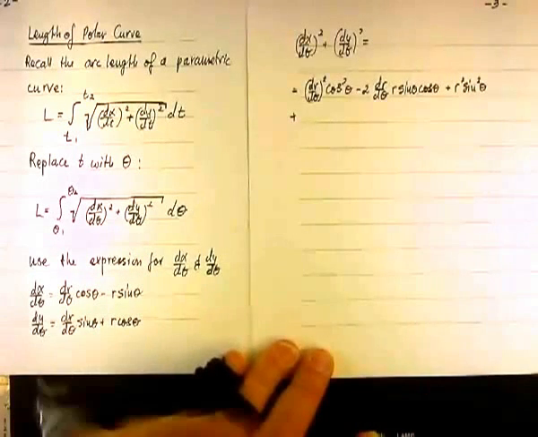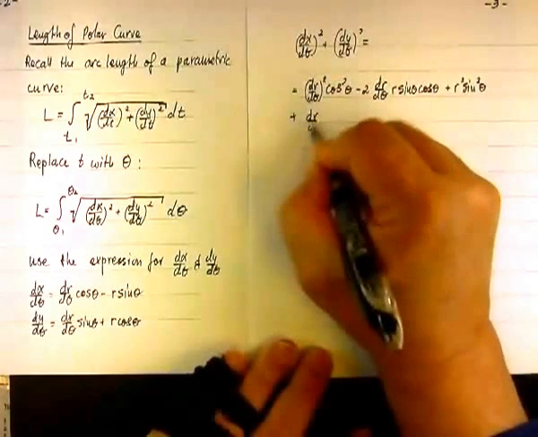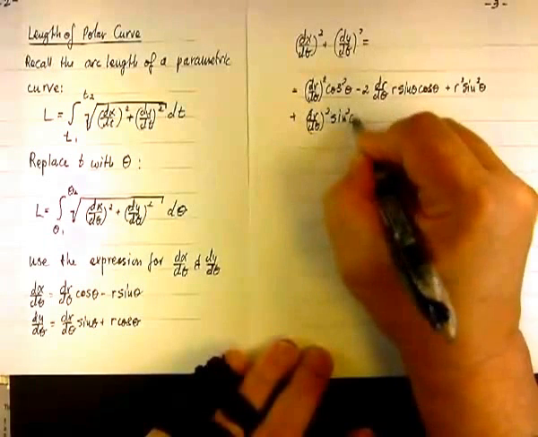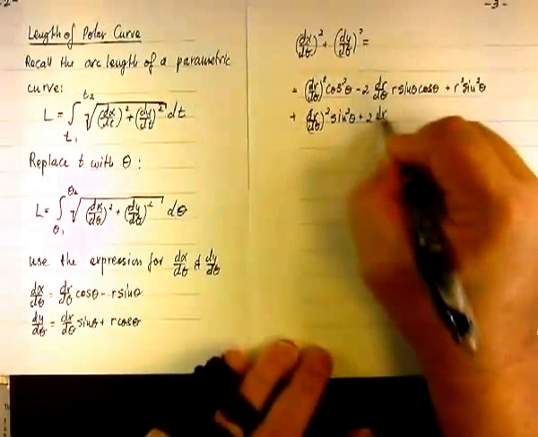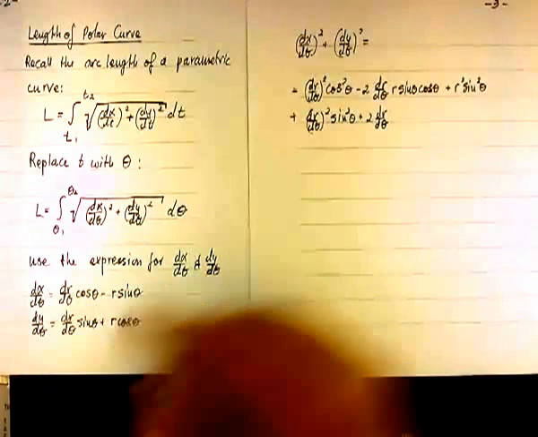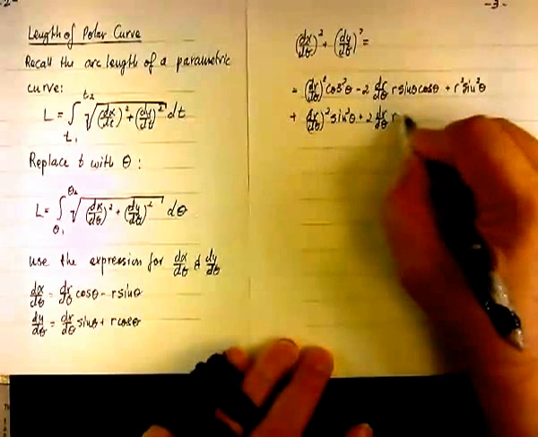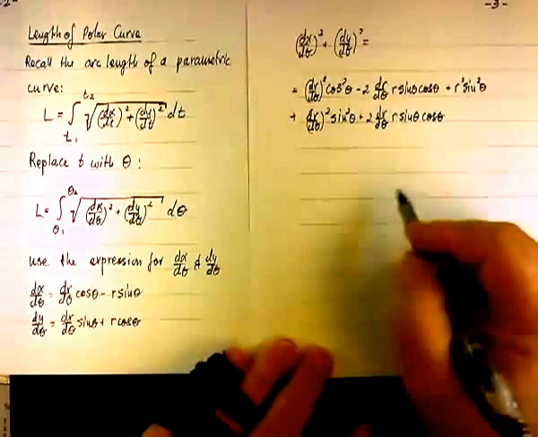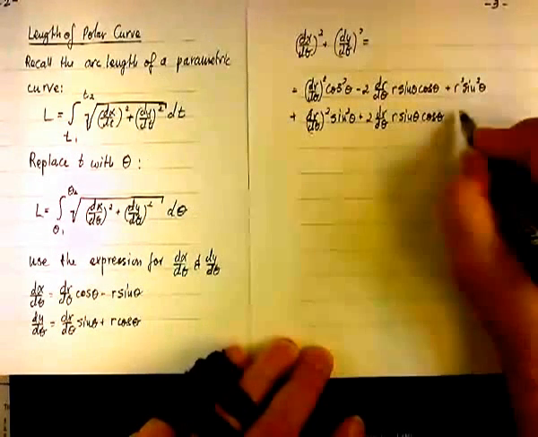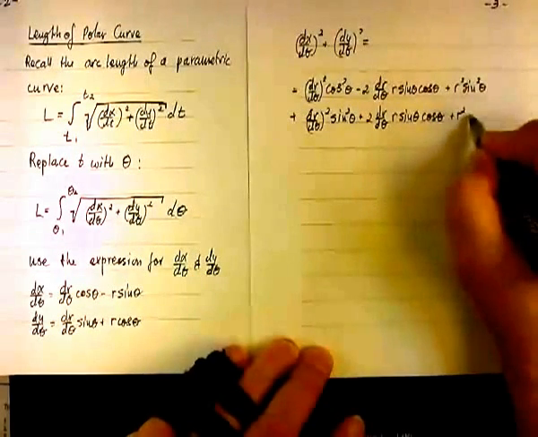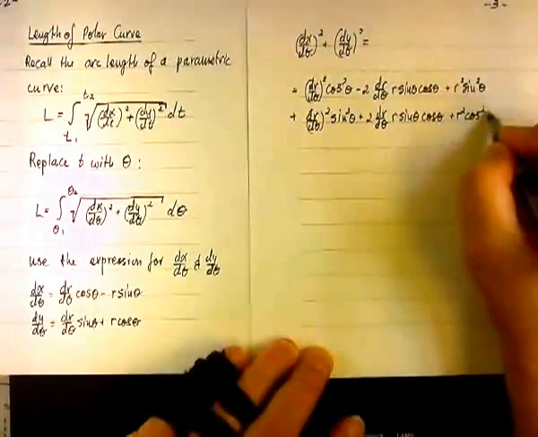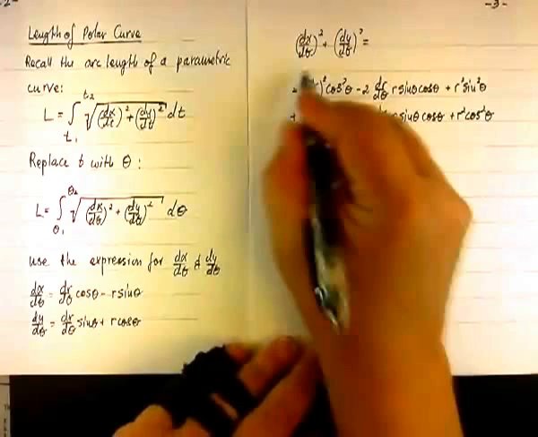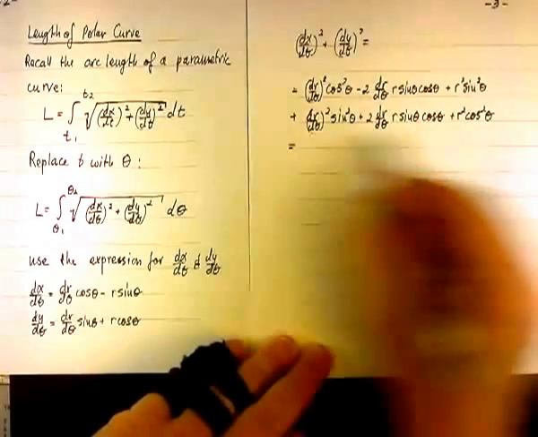This is dx d theta squared. Plus, now working on dy d theta squared, dr d theta squared sine squared, plus 2 dr d theta r sine cosine, and then finally plus r squared cosine squared.